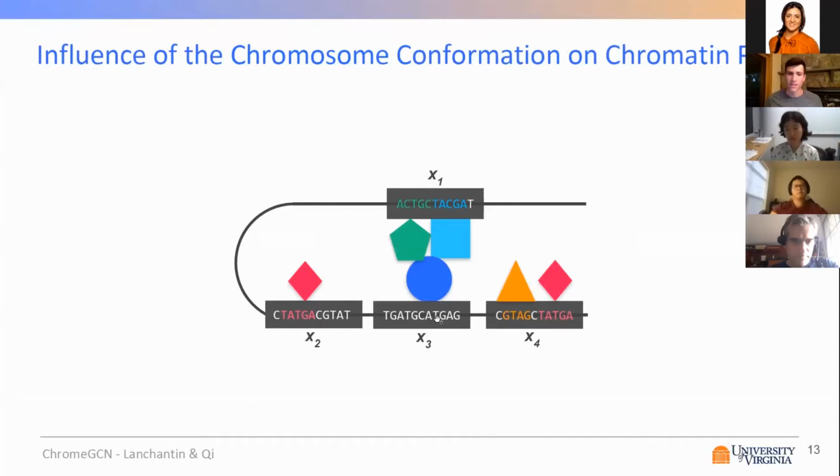Because of this, windows may be influenced by sequential features which are really far away in the linear space, but really close in the 3D space. So our goal is to incorporate this type of structure into our prediction method so that we can consider these long-range interactions for predicting the chromatin profiles of each DNA window.